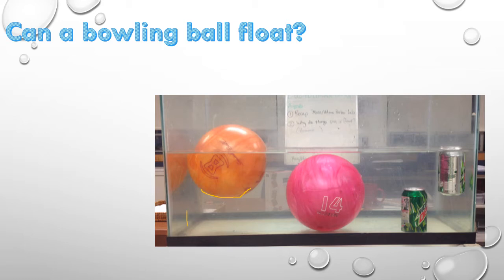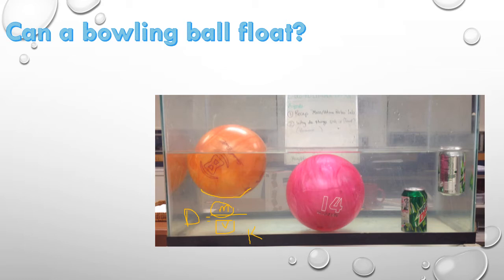Because remember, density is a ratio of mass over volume. In this case, the mass is less than the volume, so the numerator is smaller than the denominator, which gives us a number less than 1. And since water has a density of 1, the ball floats.